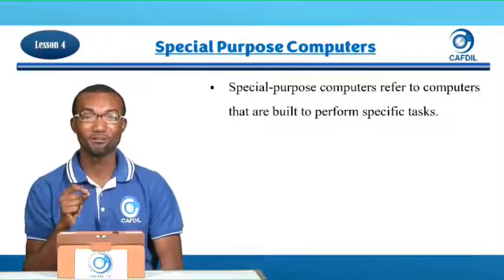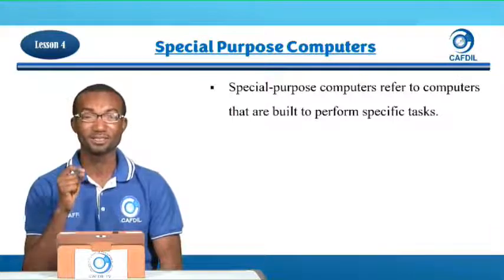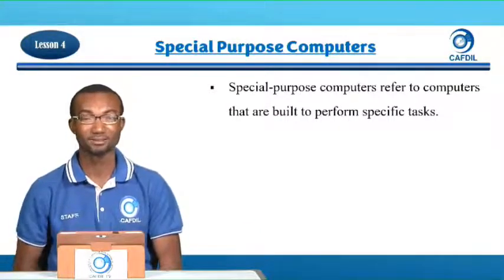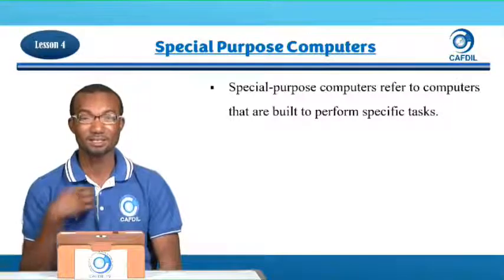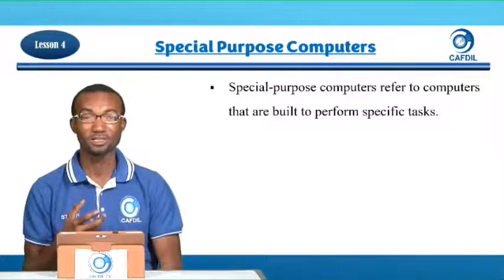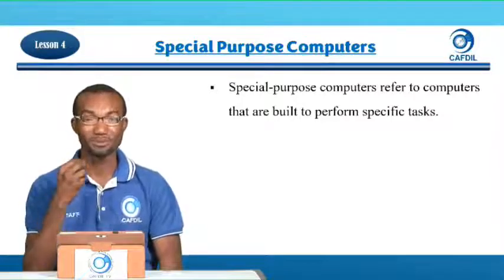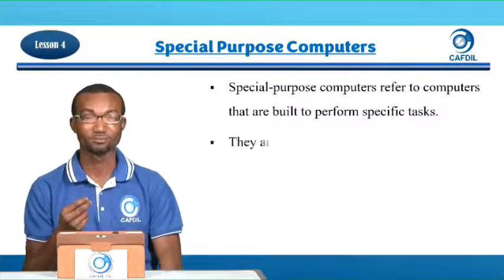So they are to perform a specific task. Apart from that task, it cannot be used for any other task. So remember that special purpose computers are built to perform a specific task.